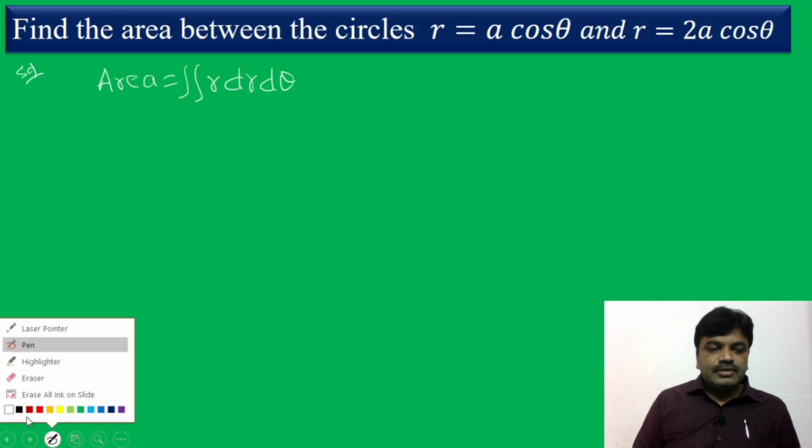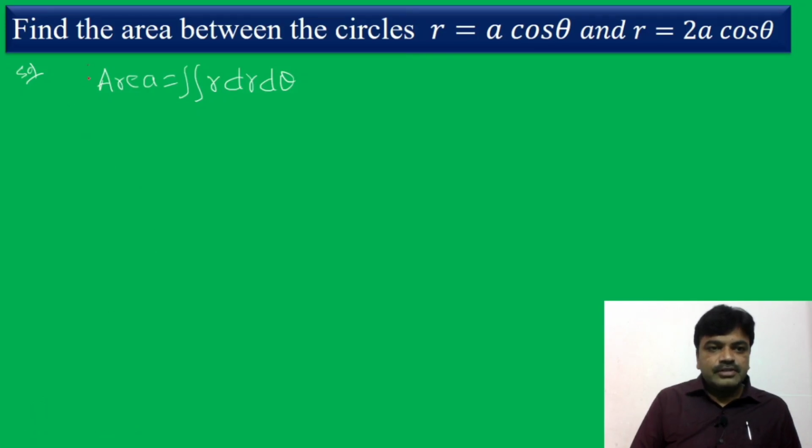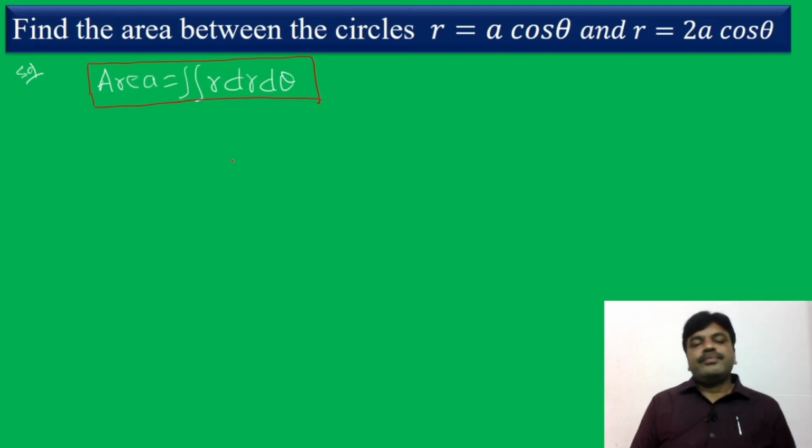Once again, what is the area formula? Double integral r dr d theta. Here it is enough to find the r and theta limits, then the problem is over.